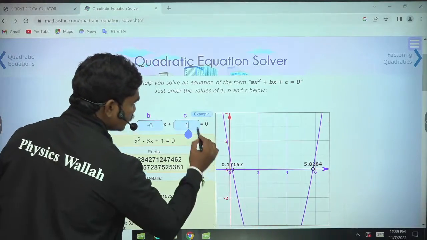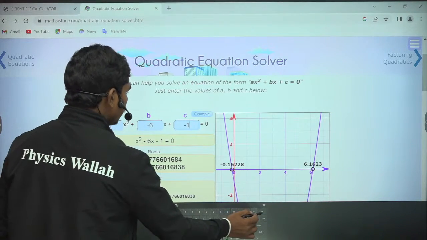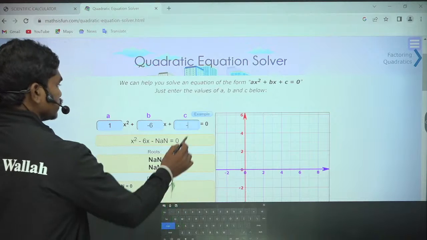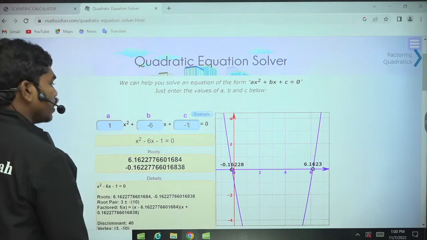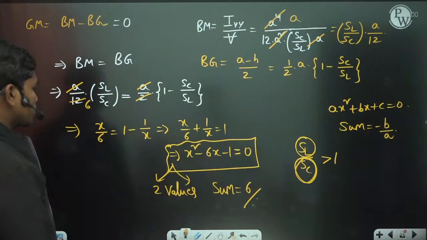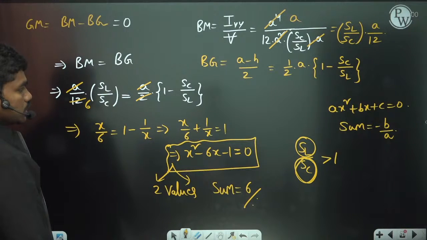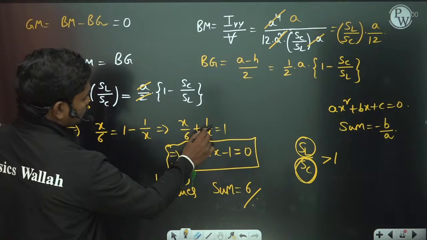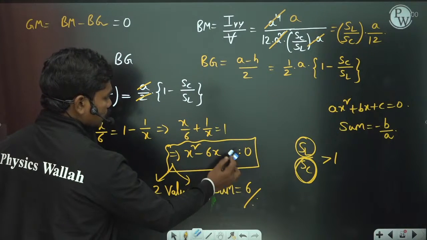So here if you see this value, this is minus 1. So if this is minus 1, then x square minus 6x minus 1 is equal to 0. Okay, if you see x square, this is plus 6, no? Correct? I'm sorry, we are making some calculations here.